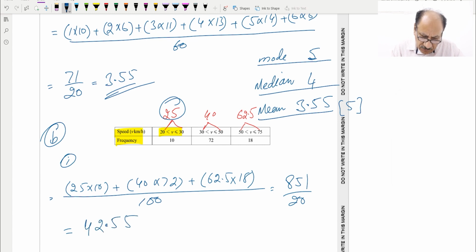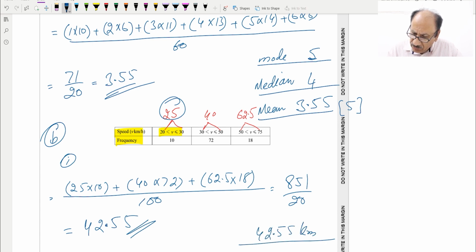This is something we have to do carefully, it's a little lengthy calculation. So we can mention the answer over here: 42.55 kilometers per hour, and this is the 4 marks part basically. So this is done.